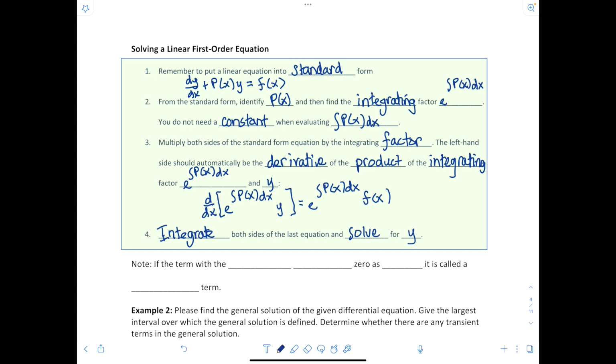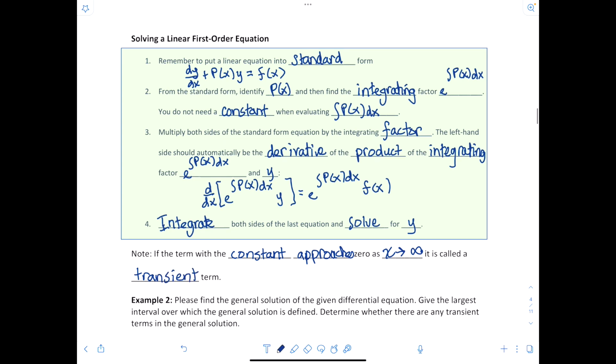Now here's a note. If the term with the constant approaches 0 as x approaches infinity, it is called a transient term.